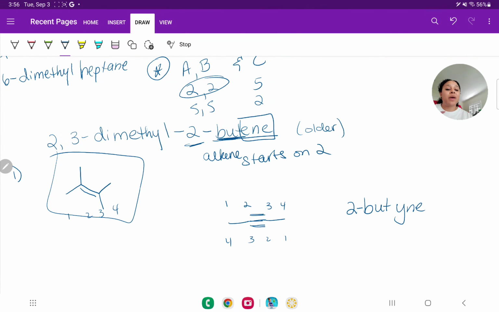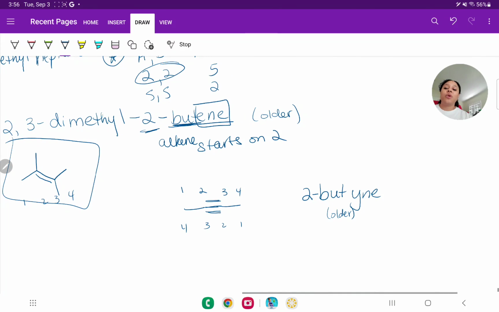Now, remember I said I'm going to come back. This is considered a slightly older way of naming these, and it's 100% okay. There's another, newer way, because as we start naming these molecules, we can run into some nomenclature problems next semester. Not as much this semester, maybe a little bit. One of the things we run into is what if the ending part of the name has more than one functional group?